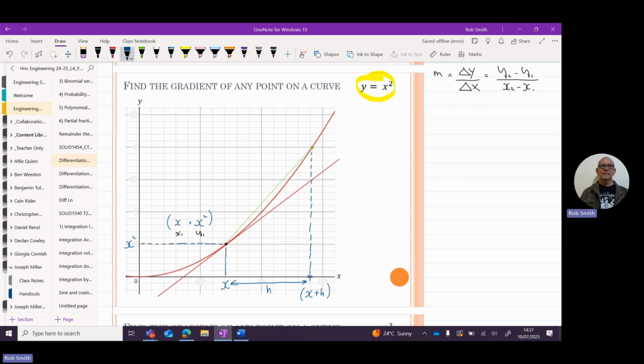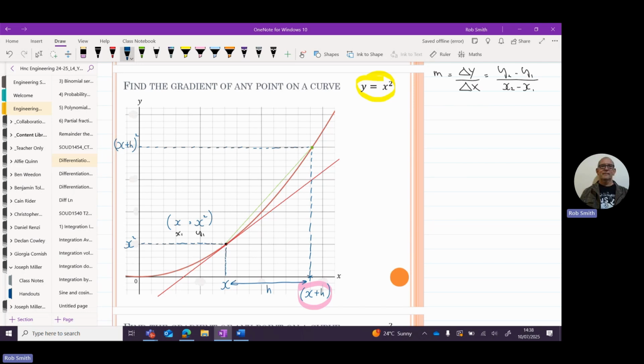Now I need to work out what this point is in the y direction. Remember my rule up here, y equals x squared, so whatever the value of x is, I need to square it. In this case, I've got x plus h. If I square that, it becomes (x plus h) all squared.